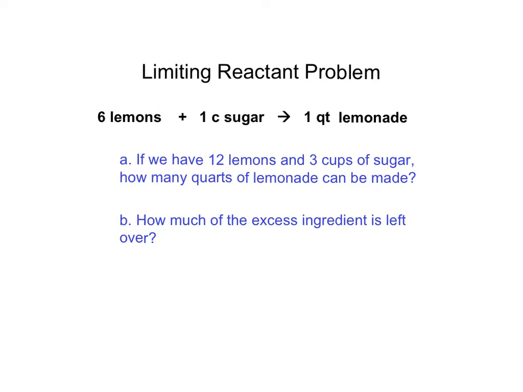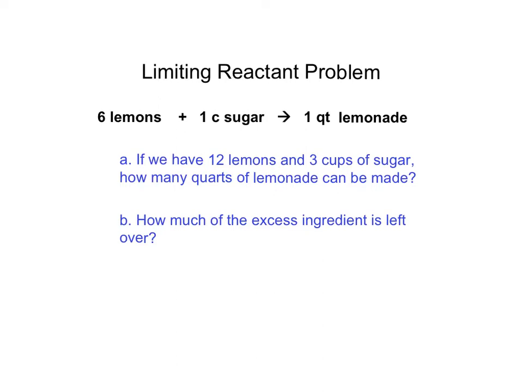I'll have a cup of sugar left over. On the other hand, if I look at my 3 cups of sugar, I might say, how many lemons do I need? And since it's a 6-to-1 ratio, you're going to need 18 lemons to use up all 3 cups of sugar. And if you're doing it by 3, then this will make 3 quarts of lemonade.